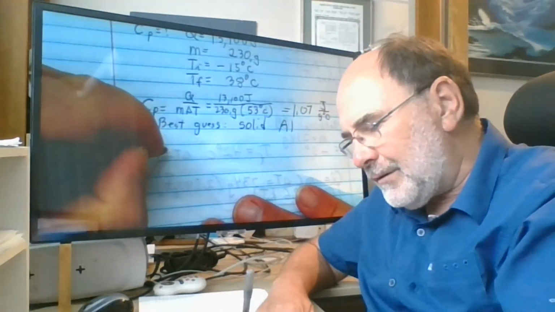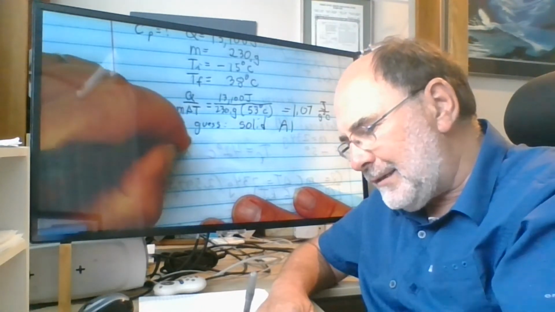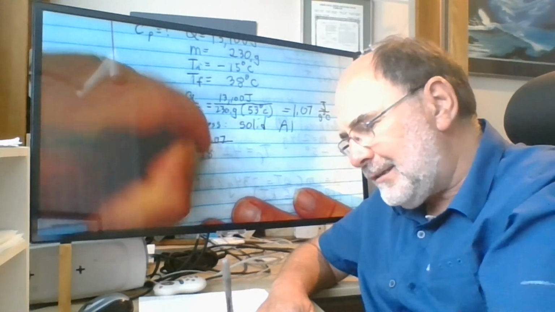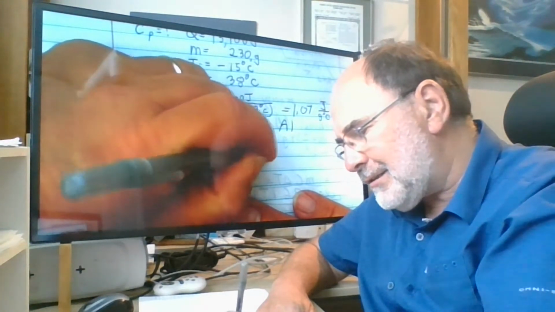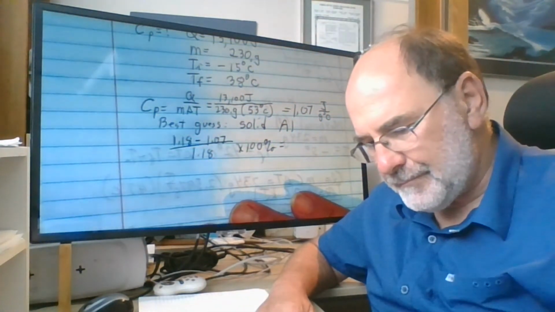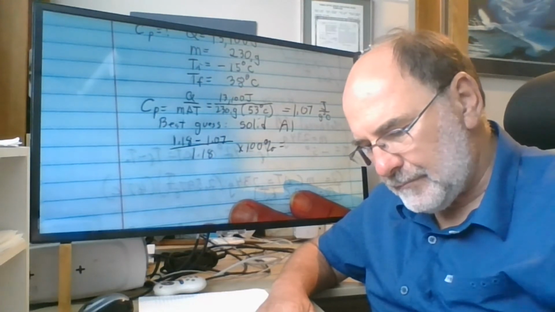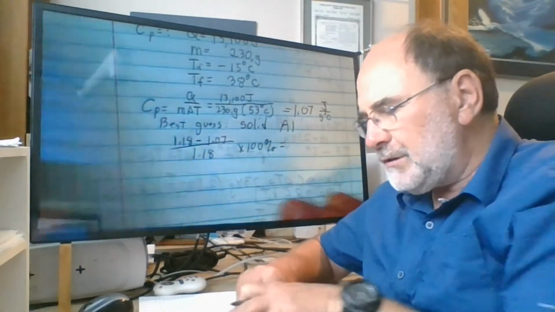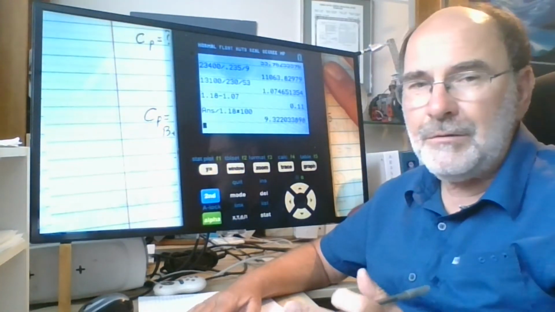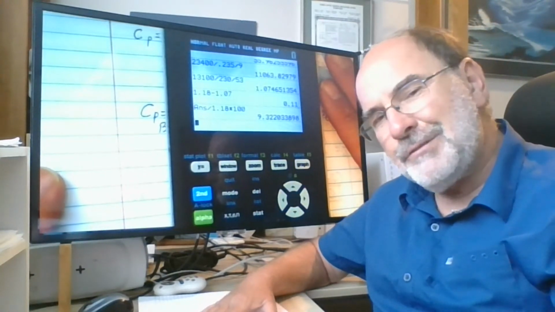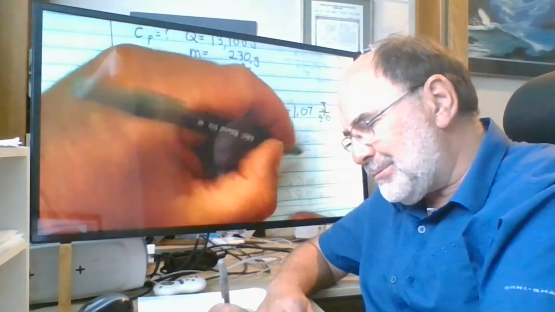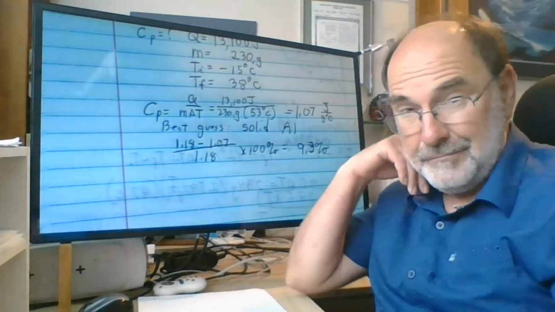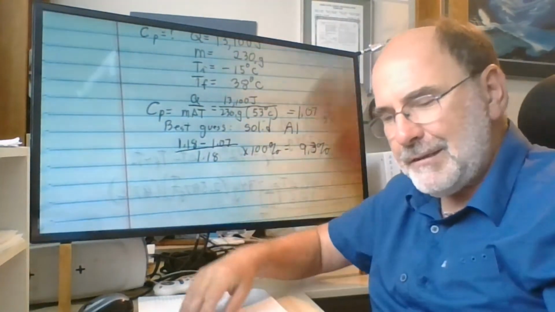Therefore, 1.18 minus 1.07, divide that by 1.18, multiply that by 100%. It says, whoa, pretty good for me. Less than 10% difference, 9.3% error. How's that for just randomly making up numbers?